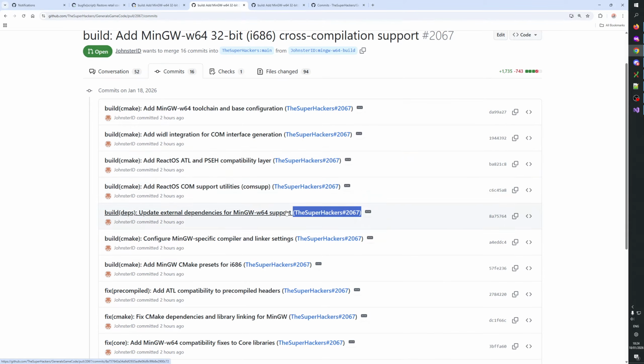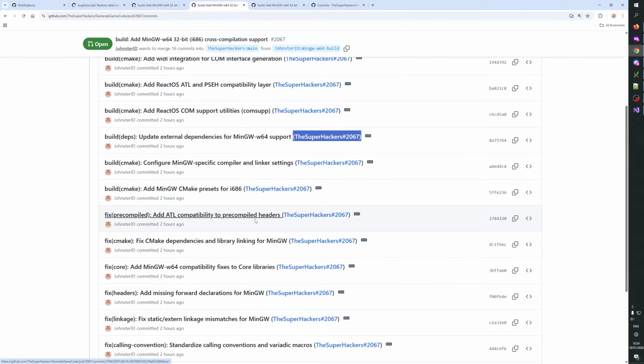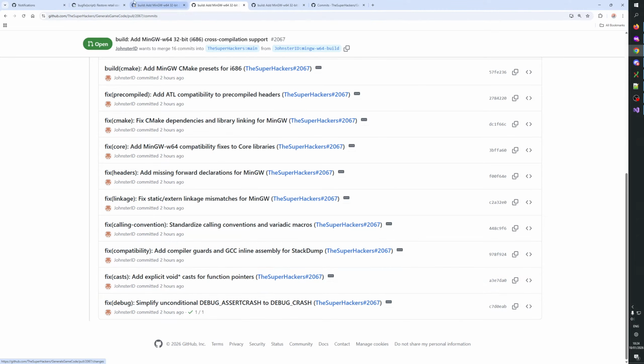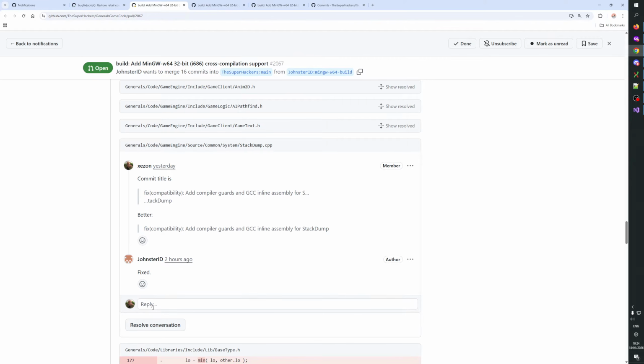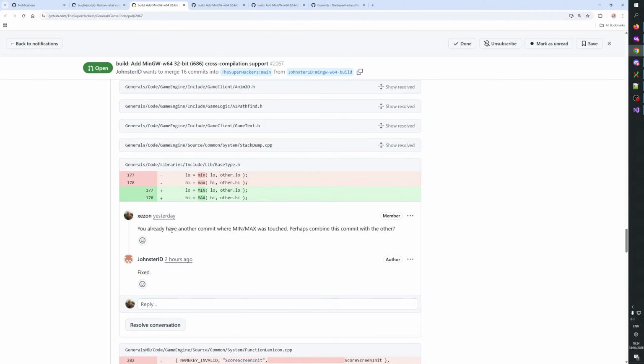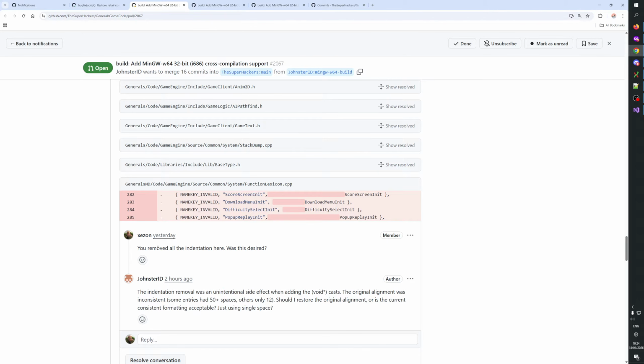Let's take a look at the commit titles. Com sub settings, headers, and so on. Looks good. Okay. Fixed. Function lexicon, let me see.